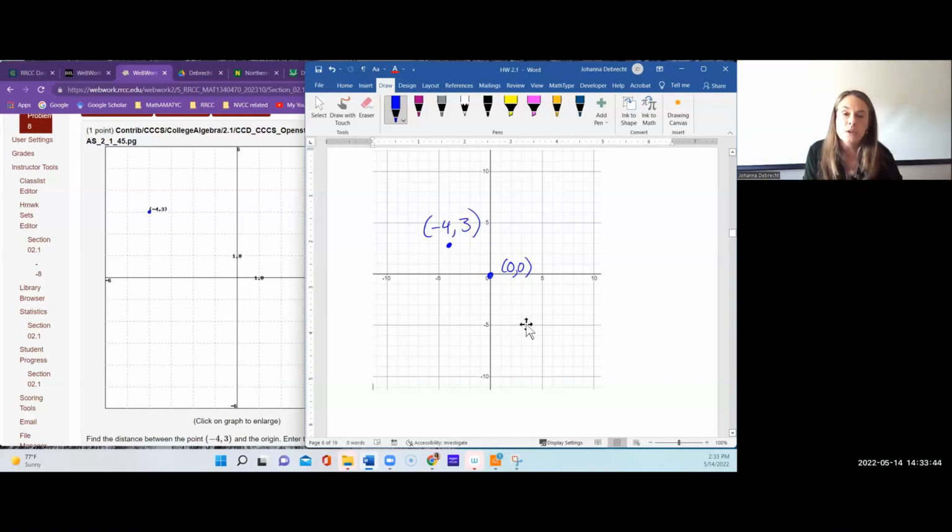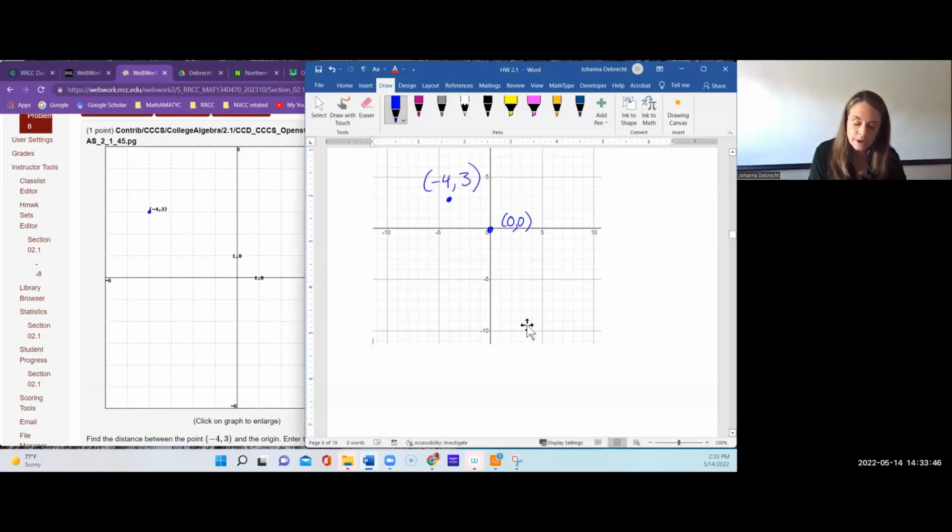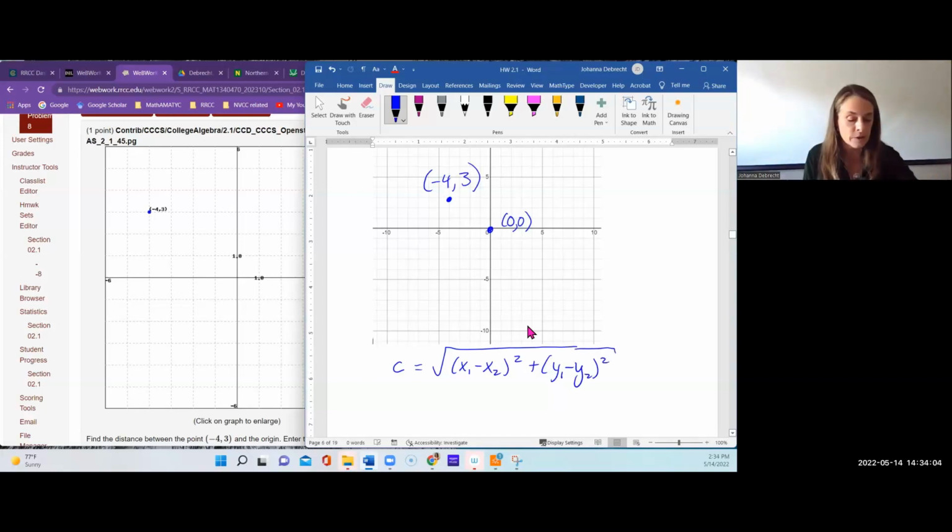So now I'm going to use the distance formula. Another way to do the distance formula is to write it as the square root of one of the x values minus the other x value squared, plus one of the y values minus the other y value squared. It's the same thing as the Pythagorean theorem.